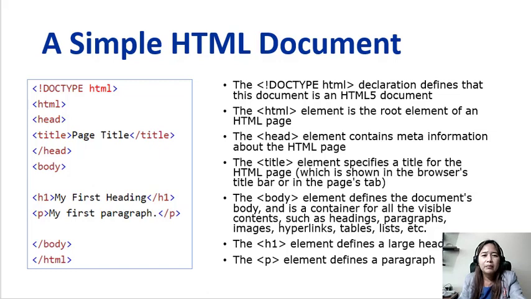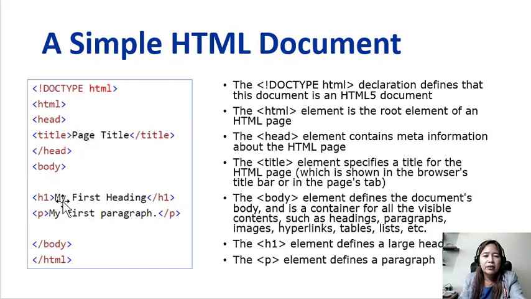This is another example of a simple HTML document. This one is now complete. It starts with the doctype, and then you have the html tag. Inside your head, you have your title, and that is where you basically put your page title. Then you have your body.